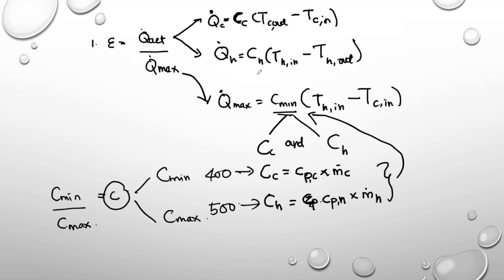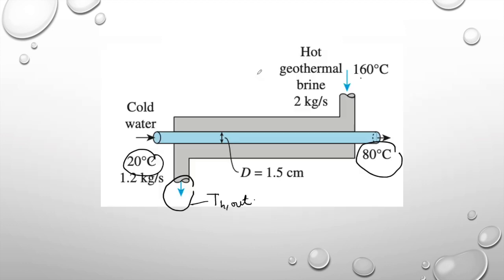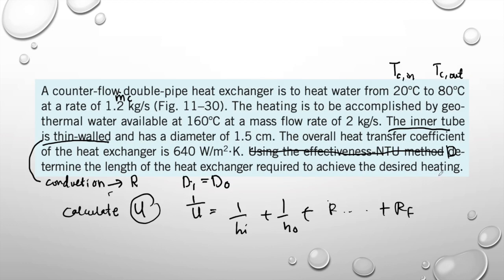Therefore, we take a look at how to calculate the length of the heat exchanger. So from here, we know that when we have to determine the length of the heat exchanger, we are required to find the area. So I think this question will ask you to find what is the NTU value.